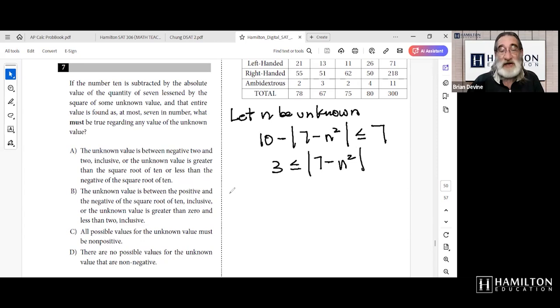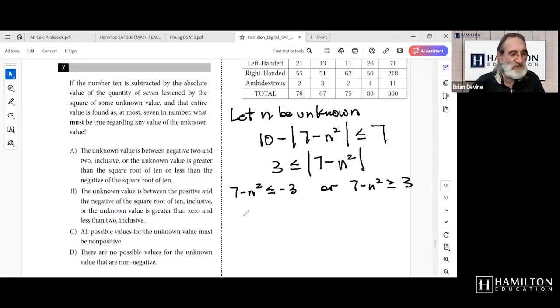Either 7 minus n squared is less than or equal to -3, or 7 minus n squared has to be greater than or equal to +3. Now, on the left here, it has to be less than or equal to -3. Well, that's the thing inside the absolute value. So if we take the positive of that, then it has to be greater than or equal to +3.